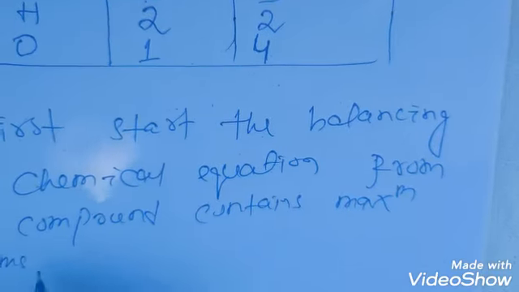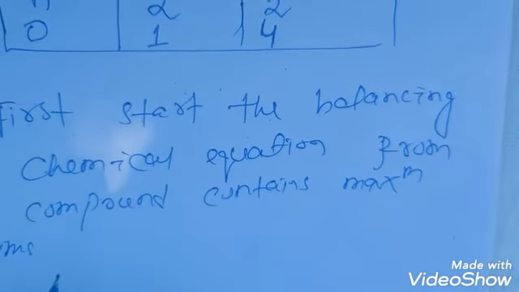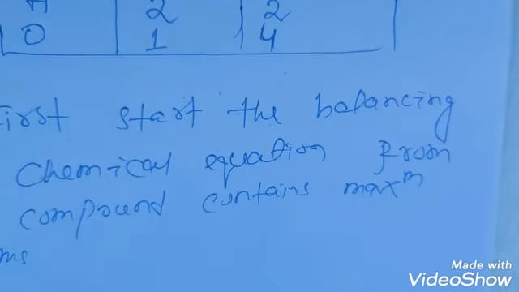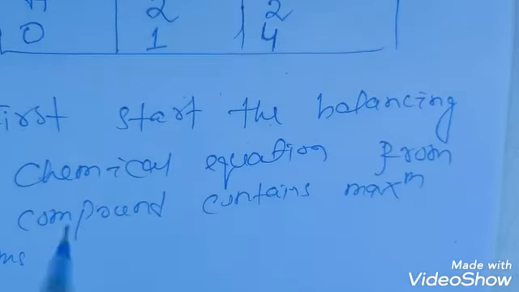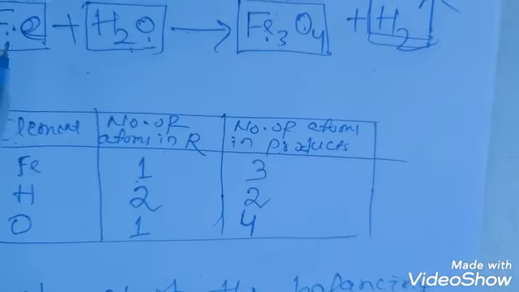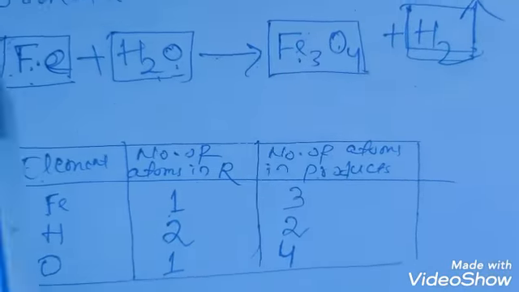So we have to choose any one compound which contains the maximum number of atoms, that may be present on the reactant side or on the product side.